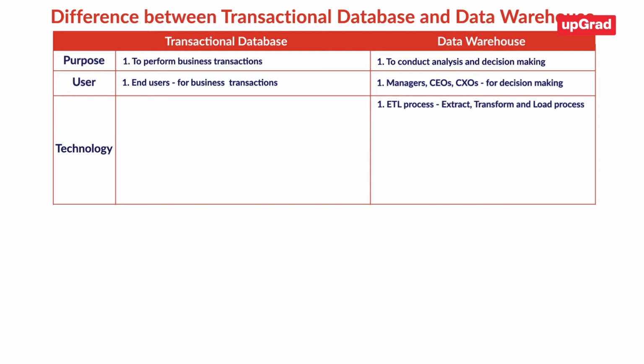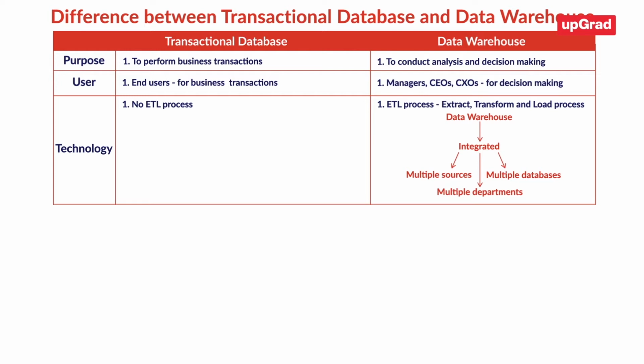Because as part of the definition of the data warehouse itself, one of the key terms is that it is integrated. What we mean by integrated is we expect the data warehouse to contain data from multiple sources, from multiple departments, from multiple other databases. So in order to make that happen, ETL is a very significant element of a data warehouse which finds no place in a transactional database.